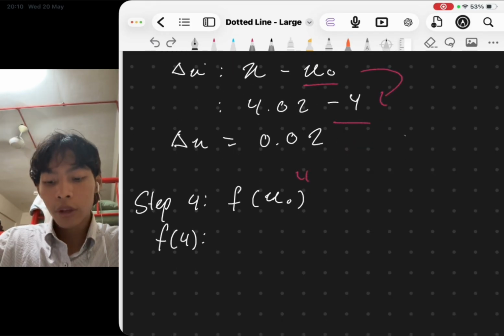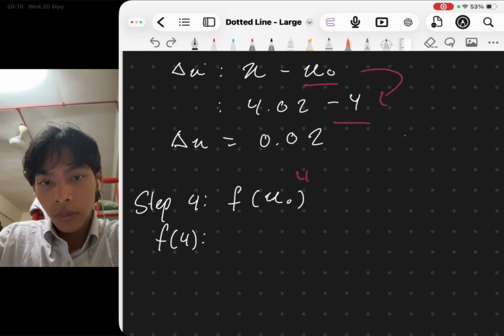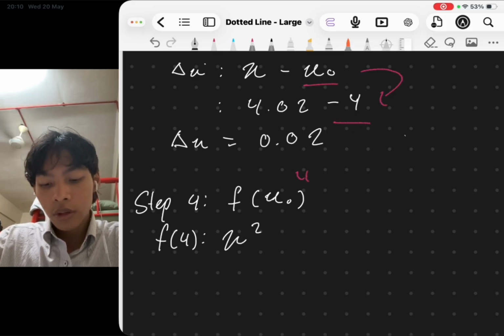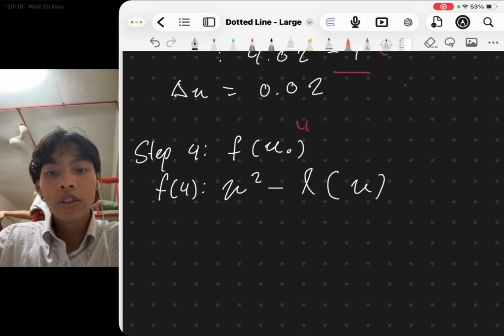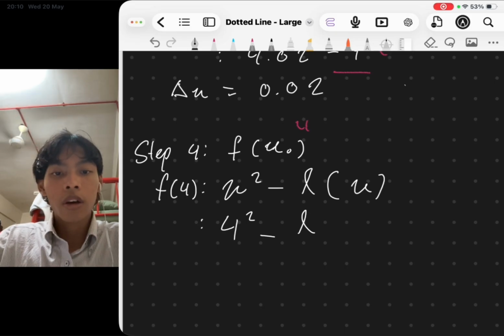So we put 4 in and get 4 squared minus ln 4.